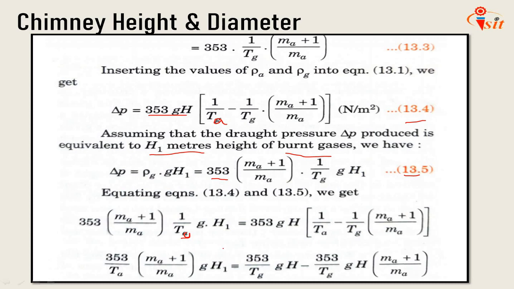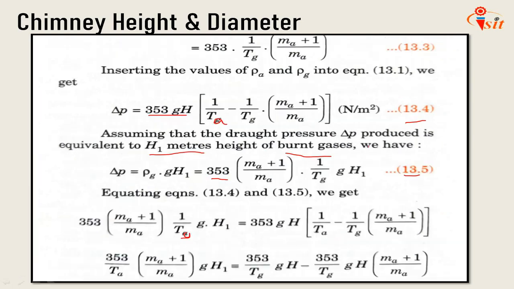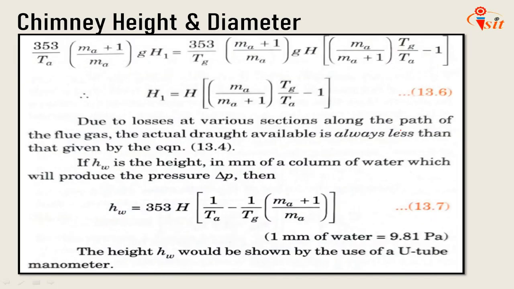By equating these equations we get H1 equals H, Ma upon Ma plus 1, Tg upon Ta minus 1. Now due to the losses at various sections along the path of flue gas, the actual draught available is always less than that given by equation 13.4. So the actual will always be less than the theoretical.